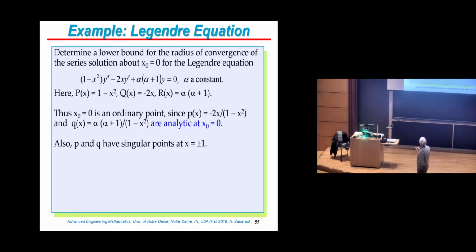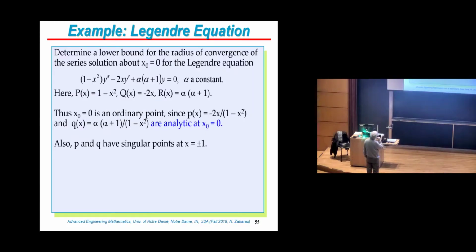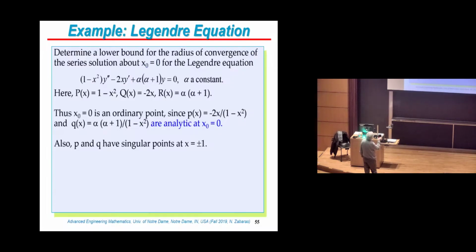And you notice, if you look at the denominators of little p and little q, they become equal to 0 at x equal to plus or minus 1. So what's the radius of convergence when you expand around x0 equal to 0? Basically, when you are going to compute a solution in power series form, what is the minimum radius where that power series will be valid?